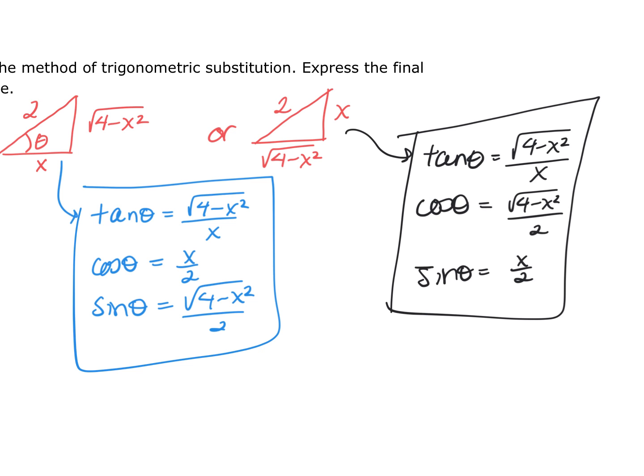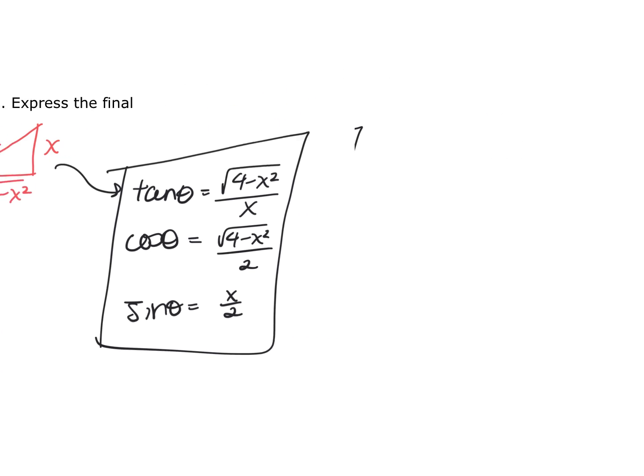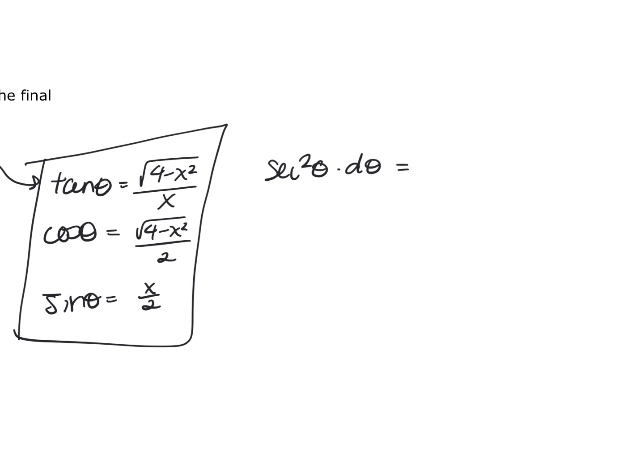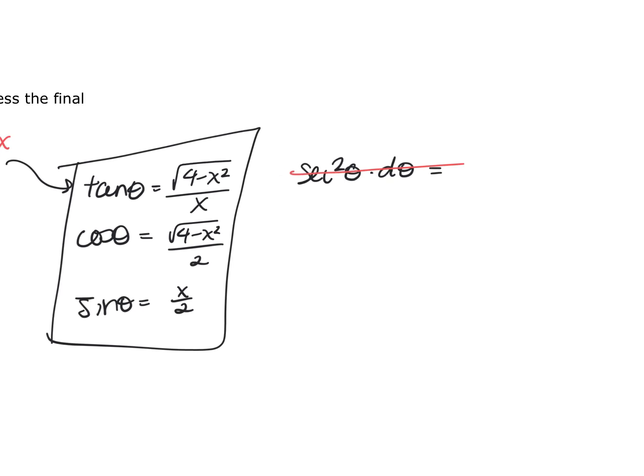So I know if I choose this second choice and I take the derivative of both sides, the tangent of theta is going to be the secant squared of theta multiplied by d theta. And if I take the derivative of the right-hand side, I'm going to be stuck doing the quotient rule, which is not going to be very pretty, so I'm just going to leave that. I'm going to say, yep, not my first choice.